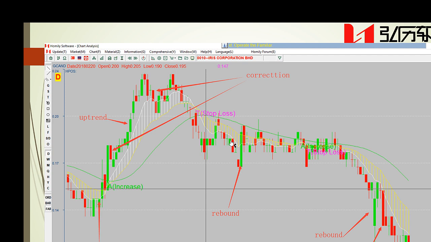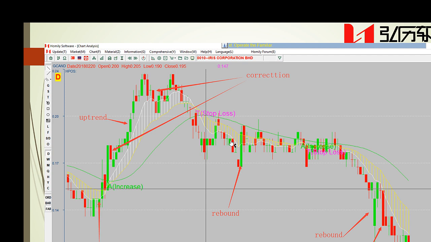Here, when we see this is a downtrend, right? Because we can see the lifeline, the green line, is downward, is dropping, and this band is the yellow band, so it is a mid-short-term downtrend here.